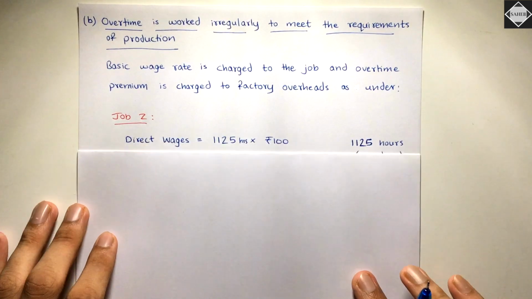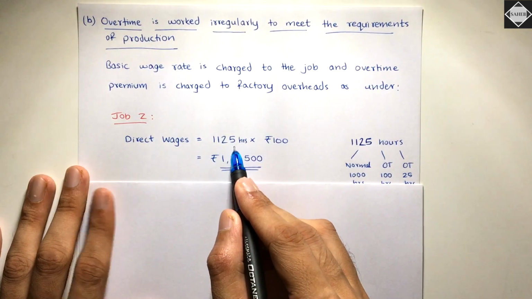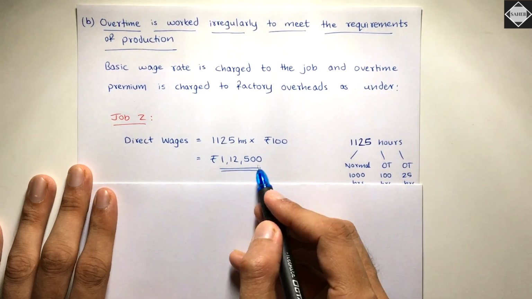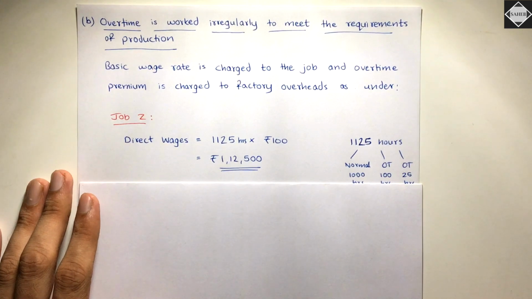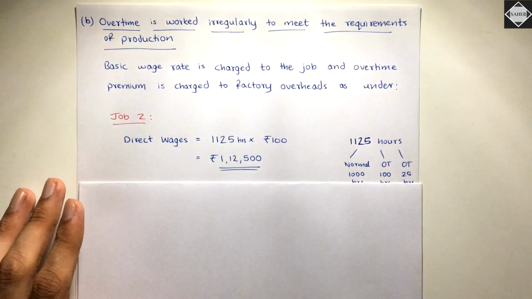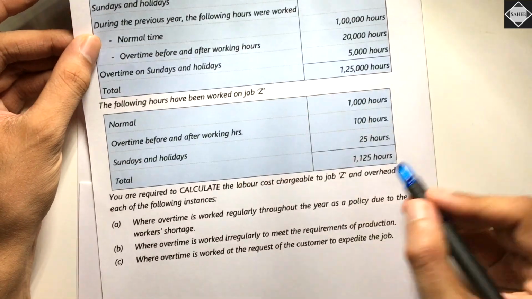See here in job Z, direct wages, 1125 hours into 100, that's equal to 1,12,500. Is it clear? Now you will think, why 1125 hours? See, that's the total hours they have worked on job Z. Okay, clear?